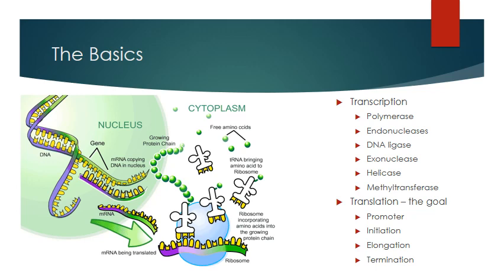If you remember, during the process of initiation, the promoter is a key player. That's the site in the DNA sequence that signals the initiation point for a particular protein sequence. In other words, that's the site that the RNA polymerase will identify and be able to assemble at.